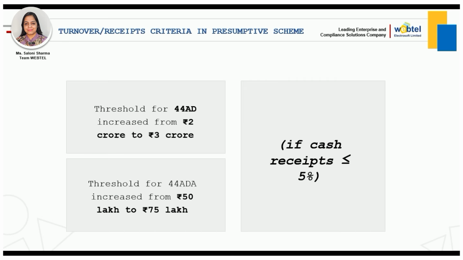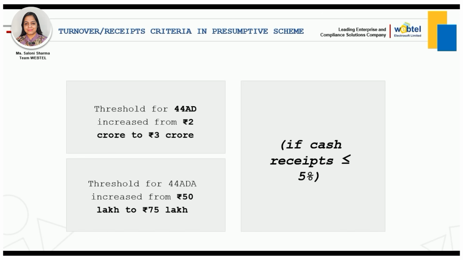The threshold limit for section 44AD has been increased from 2 crores to 3 crores, but this will be applicable only if the cash receipt or bearer cheque, demand draft is less than 5% of the total turnover or of the total gross receipt.